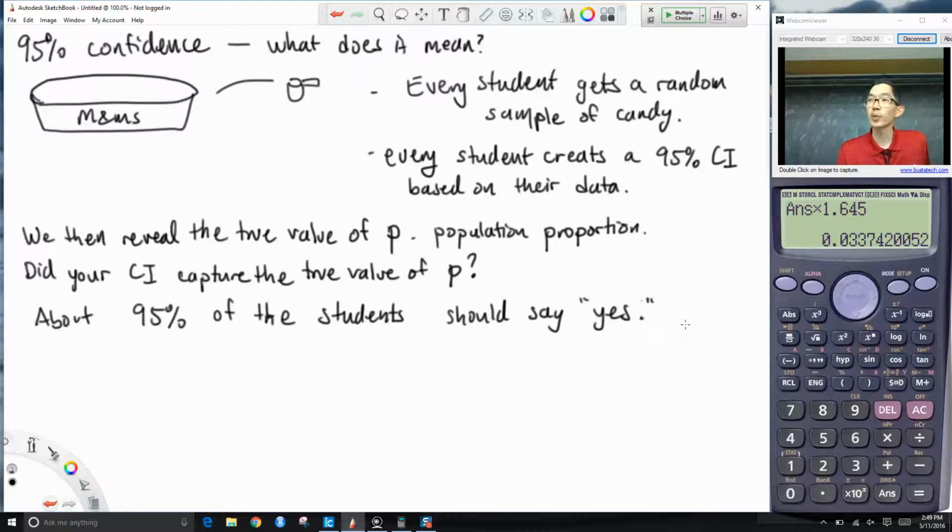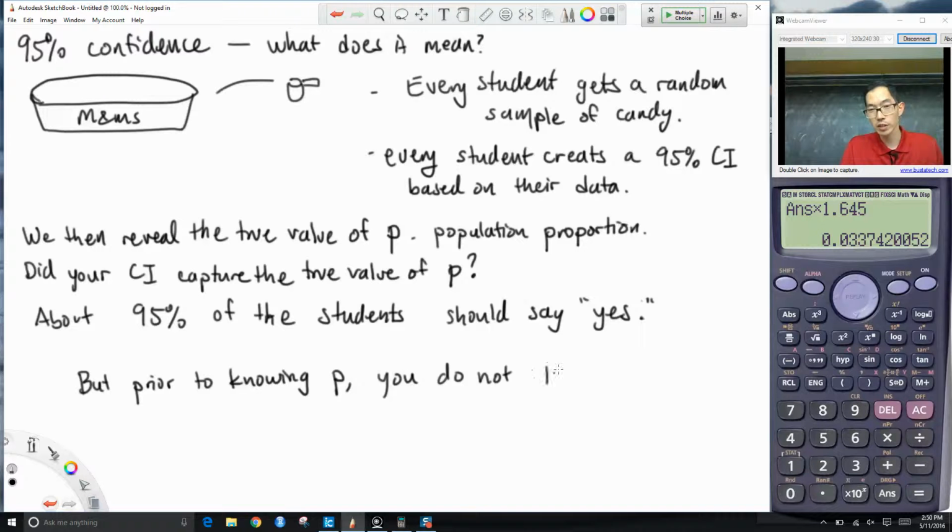But before we reveal the true value of P, and we can only do that in this fictional setup because in real life we can never actually look at the population, prior to figuring out P, you don't know if your confidence interval is correct.